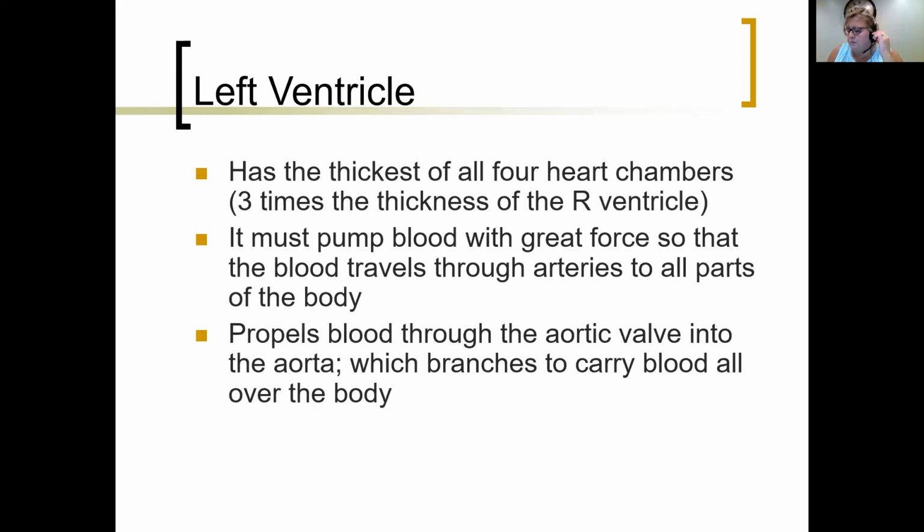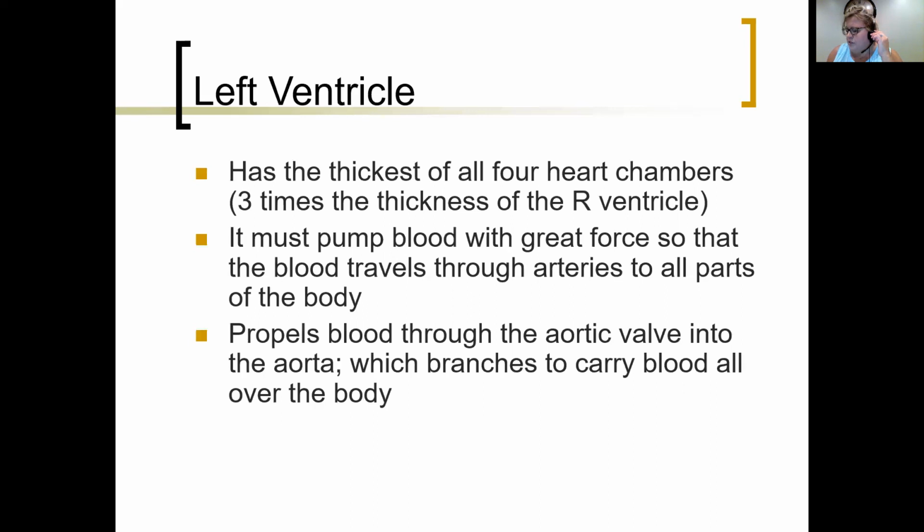It's the smallest one. Number 3, carries oxygenated blood from the lungs to the heart. That would be the pulmonary vein. And the largest artery in the body, number 4, that's your aorta.